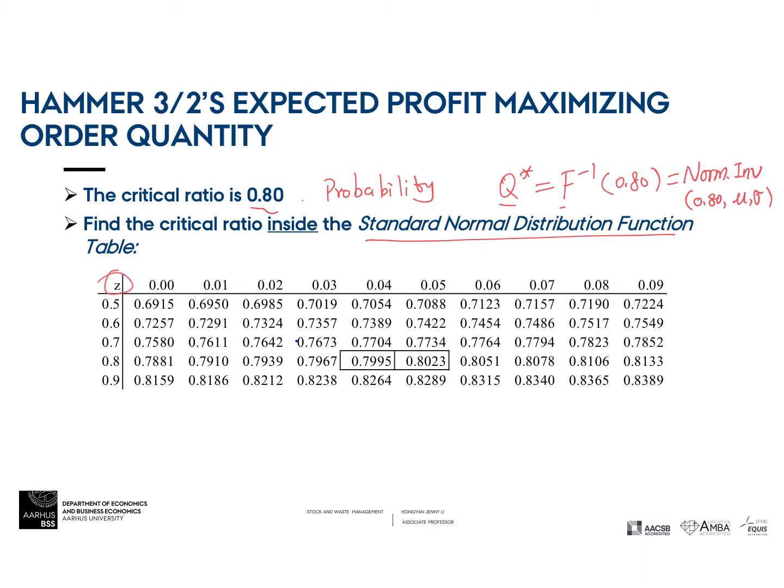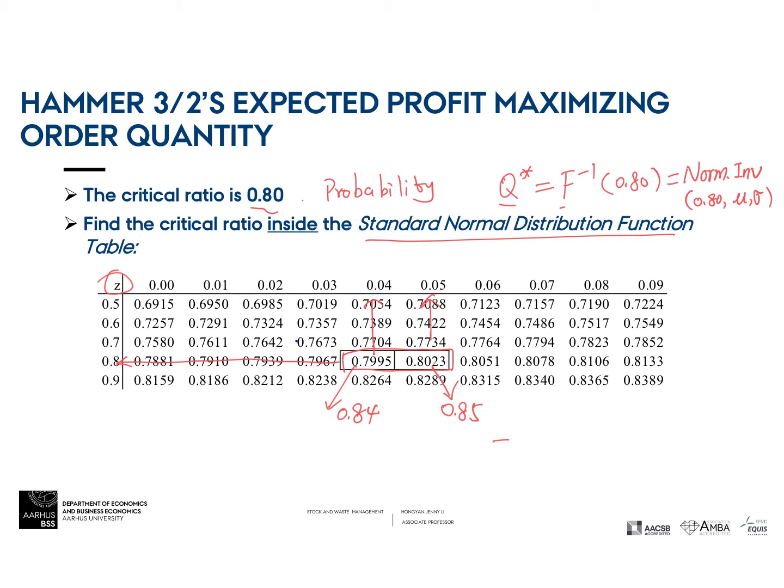If you have a standard normal distribution table and you try to find the value 0.8, 0.8 is between two values: 0.7995 corresponding to a z value of 0.84, and 0.8023 corresponding to a z value of 0.85.